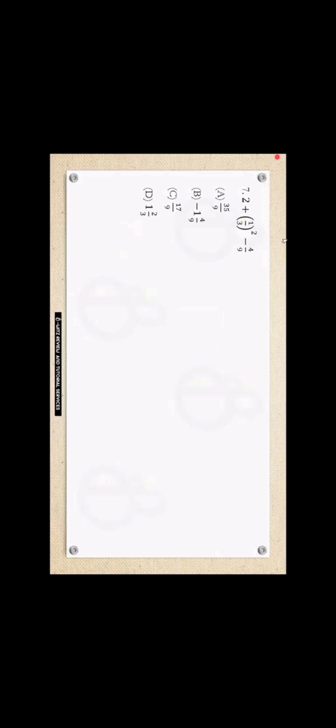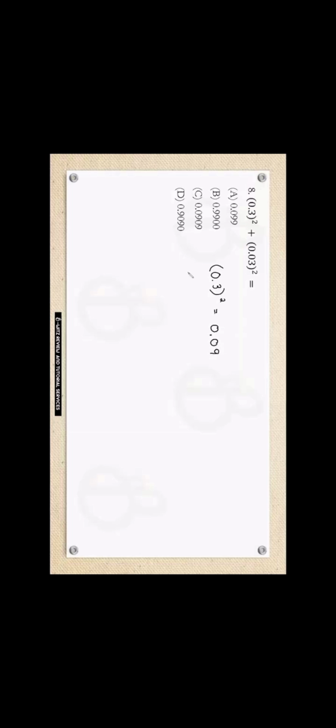Let's try to take a look at example number 8. We are given here 0.3 squared plus 0.03 squared. Again, the step-by-step solution here is we need to square both 0.3 and 0.03. So the square of 0.3 will give us 0.09, and the square of 0.03 will give us 0.0009.